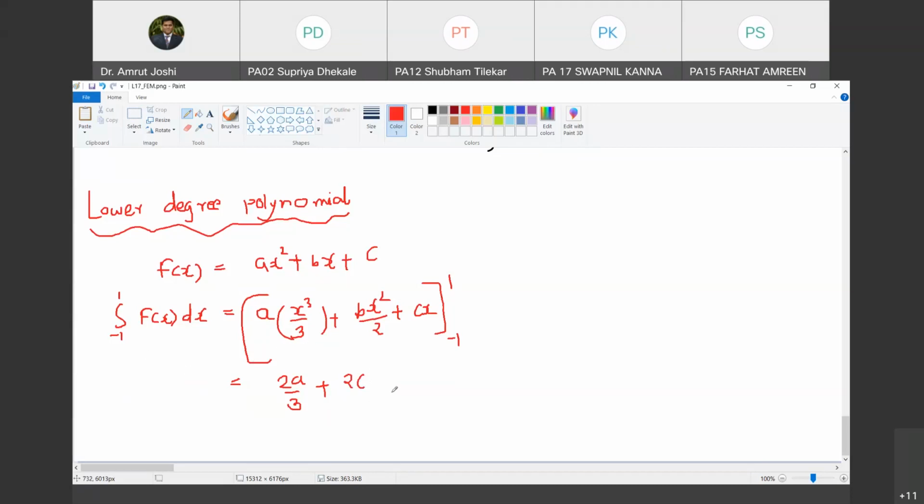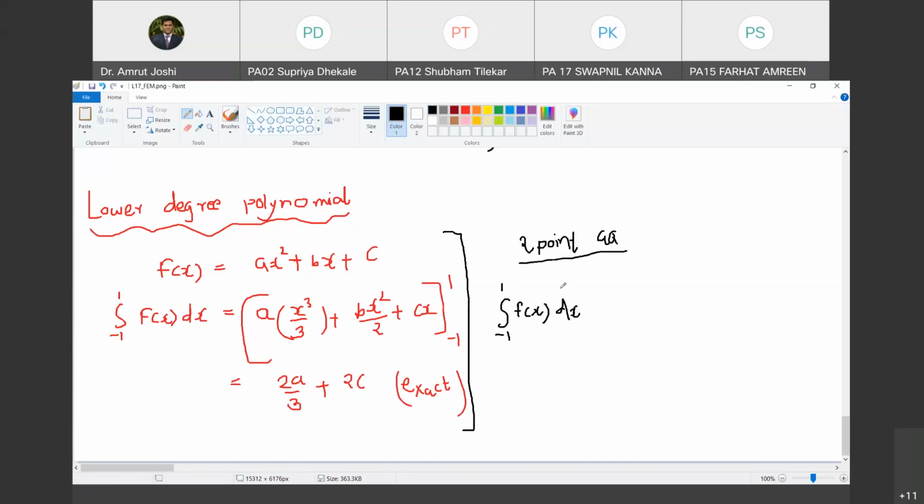So this is the exact integration. If I use 2-point Gauss quadrature to integrate this f of x, what do I get? Integration from -1 to 1 of f of x dx.